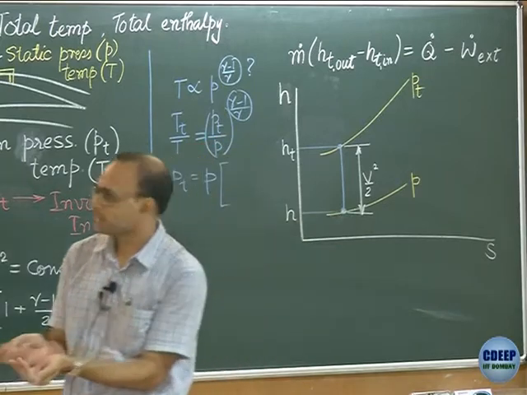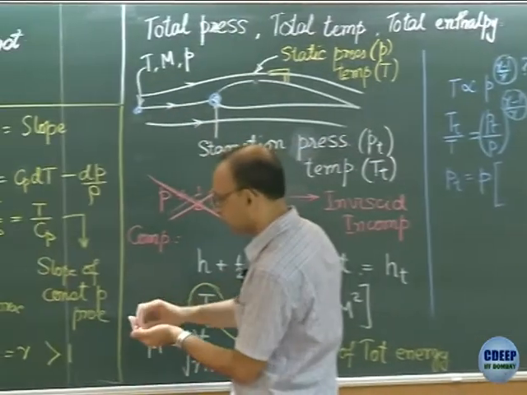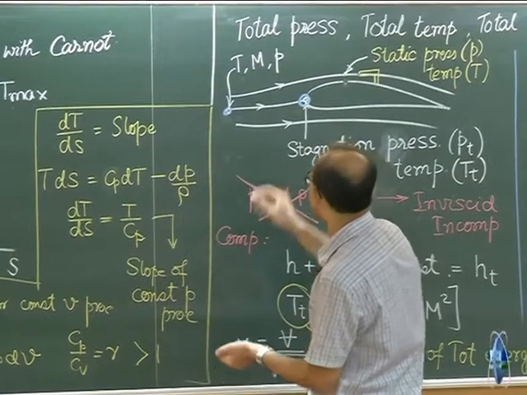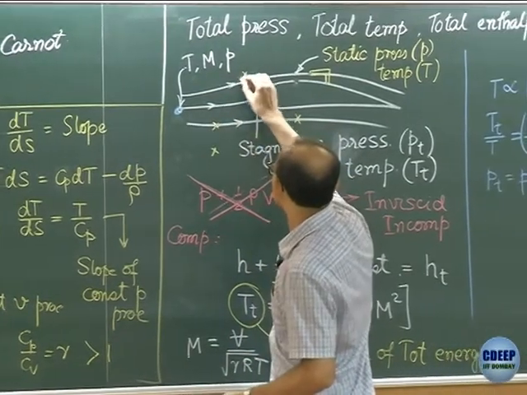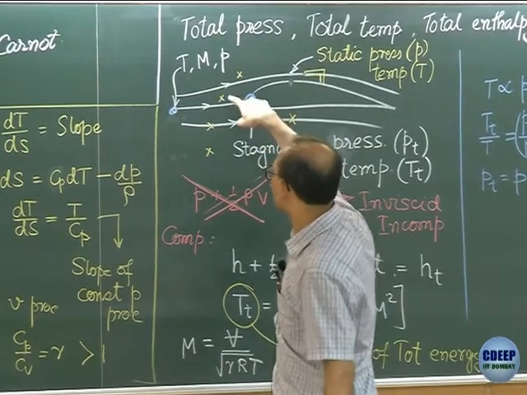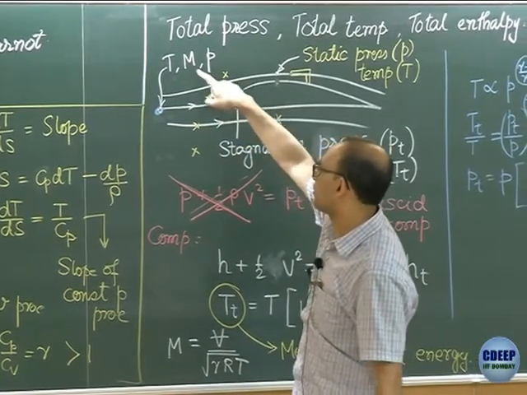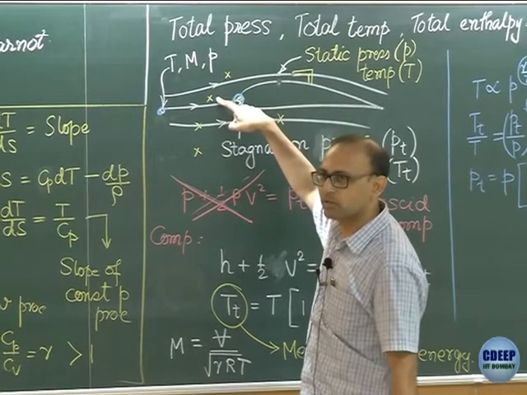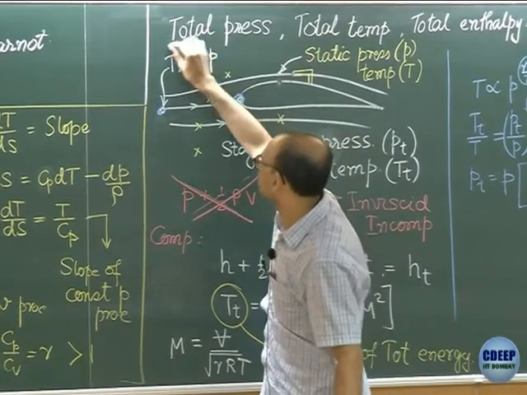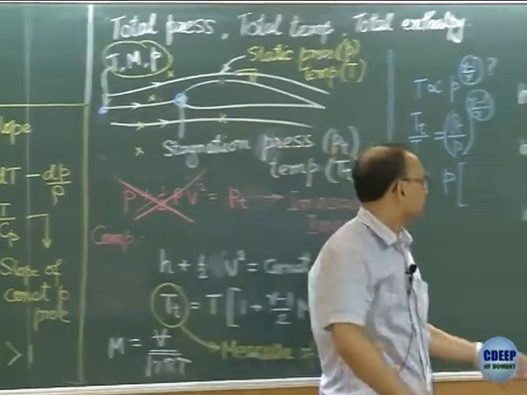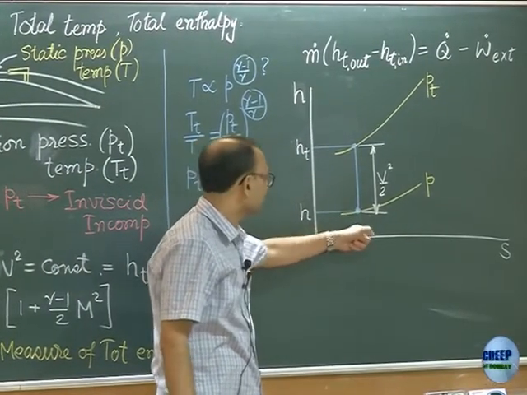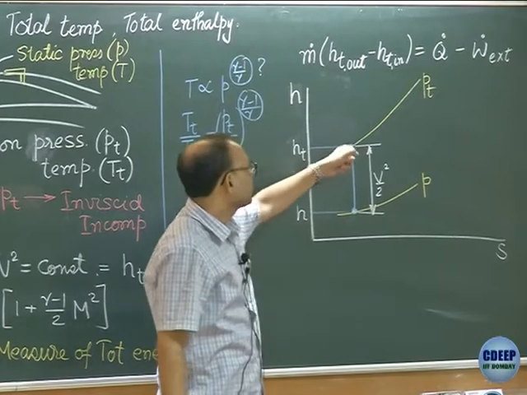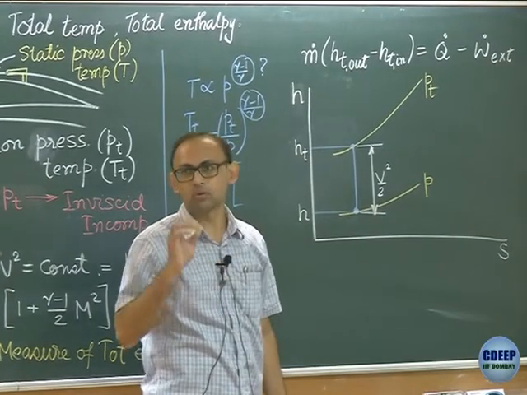So take any point on a streamline, off a streamline, any point you take, you can measure temperature, pressure and Mach number or velocity at that point. Once you have these three quantities, you can place a point for the values of static temperature, pressure and entropy, and you can locate the corresponding stagnation values or total values.